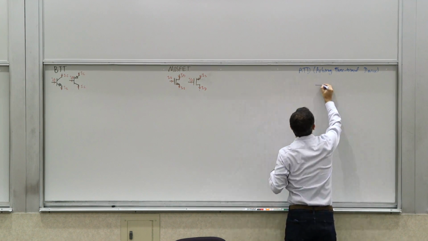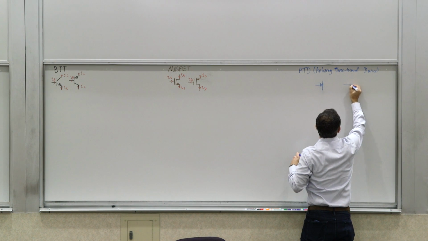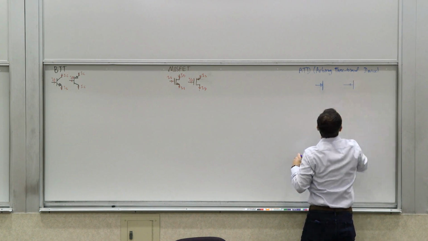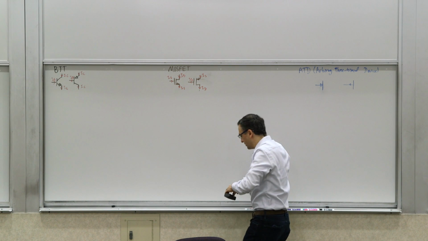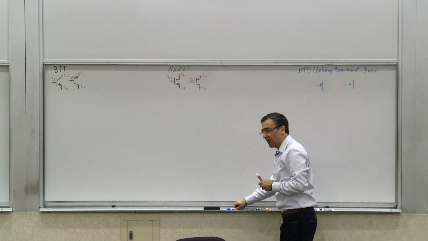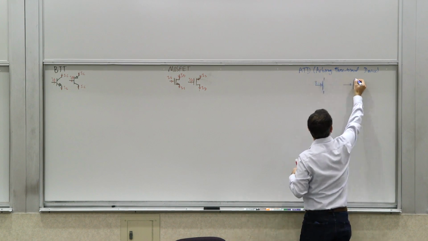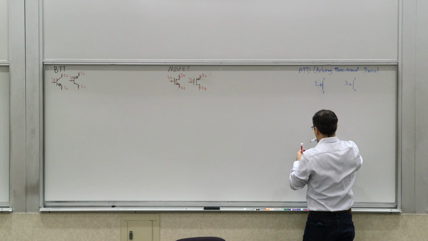So this is our symbol for the N-type arbitrary three-terminal device, and this is the symbol for the P-type arbitrary three-terminal device, where we call these terminals 1, 2, and 3.